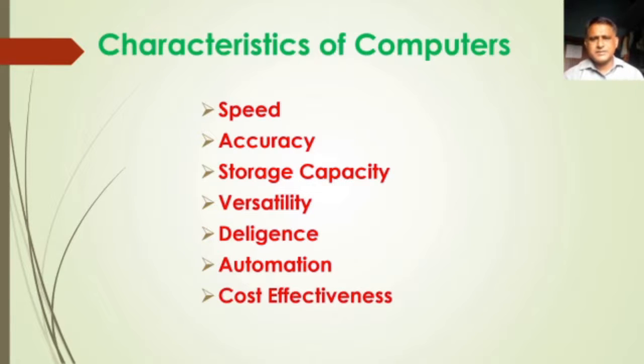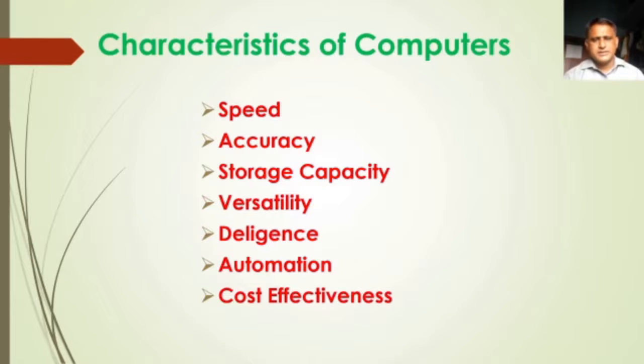The special features of the computers are speed, accuracy, storage capacity, versatility, diligence, automation and cost effectiveness. These are the special characteristics which make computers very useful. Let us discuss them one by one individually in detail.